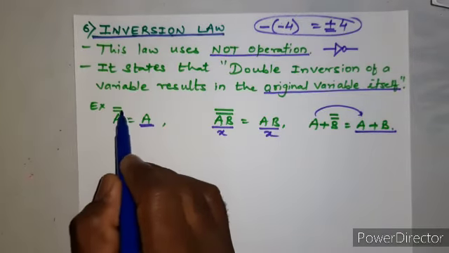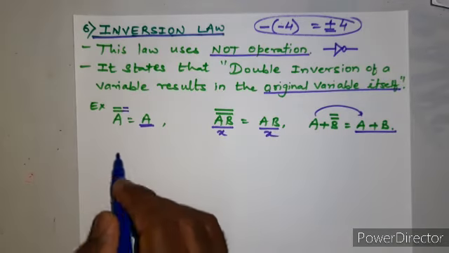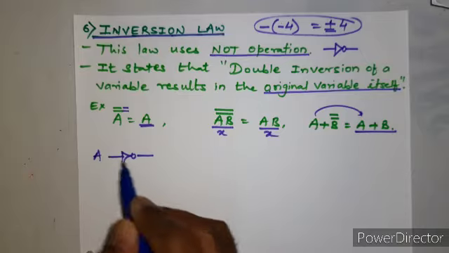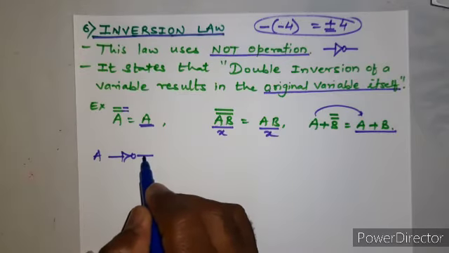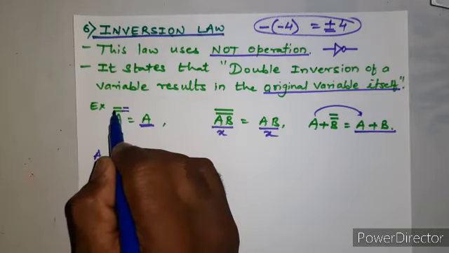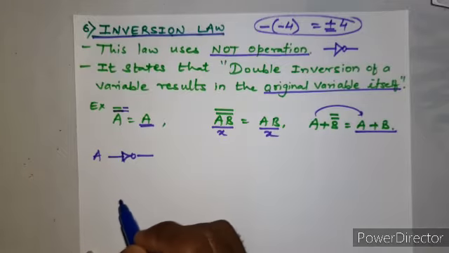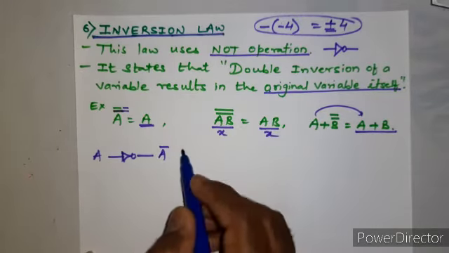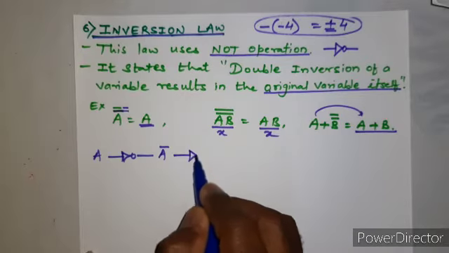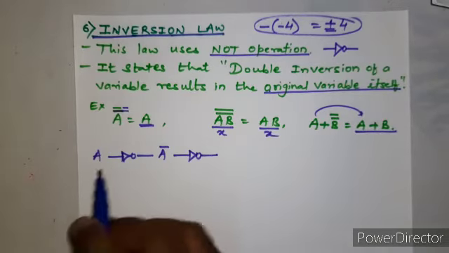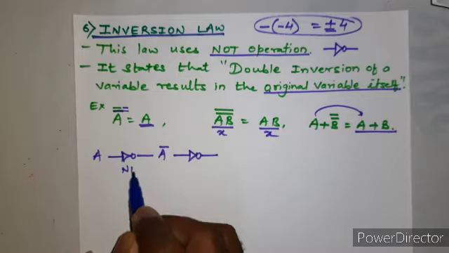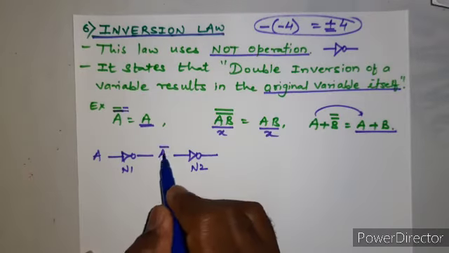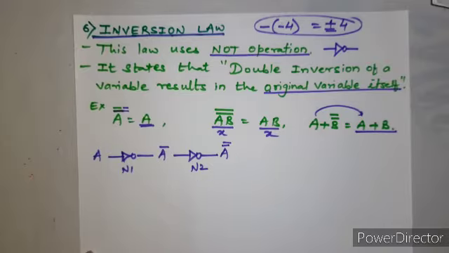We'll try it one bar at a time. I have this A, and a single bar means a single NOT gate. So what is the output here? A bar. Now this is given to another NOT gate, so I can say NOT gate 1, NOT gate 2, giving A double bar here.